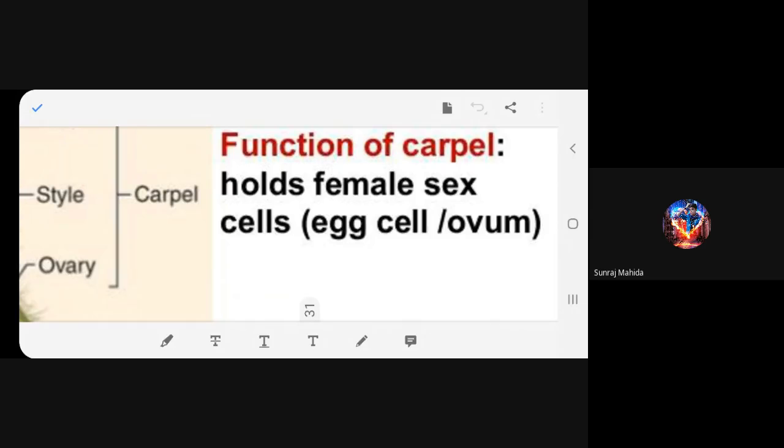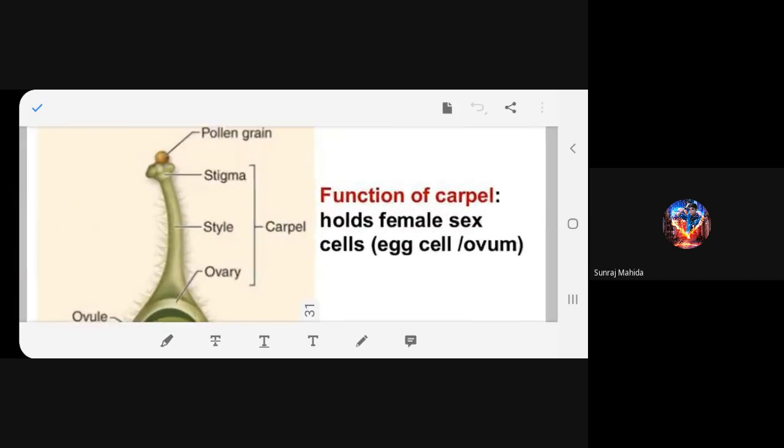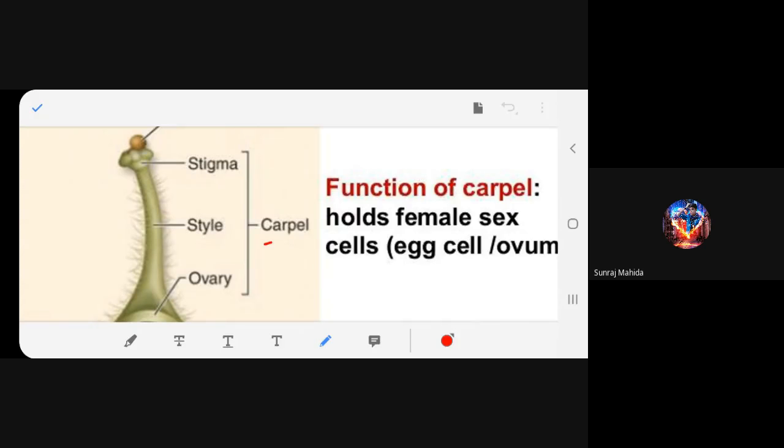So, what are the names of the female sex cell? It is either egg cell or it is also called ovum. Understood? Now, what is the carpel? Consisting of stigma, style, and ovary.